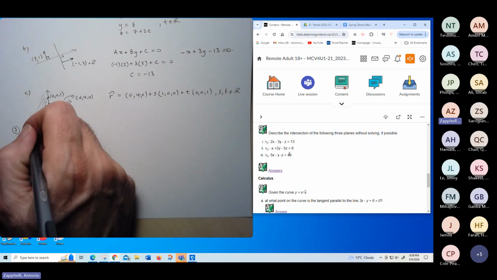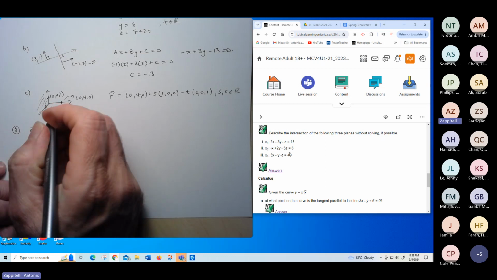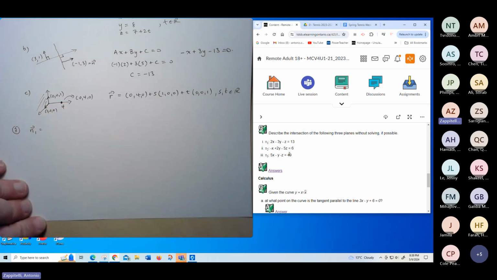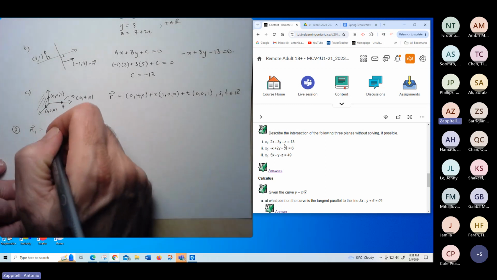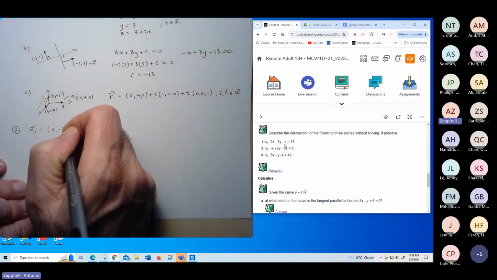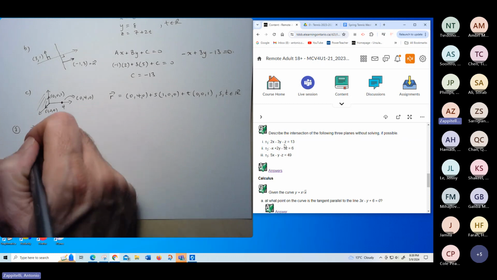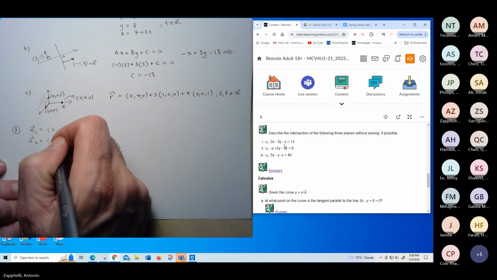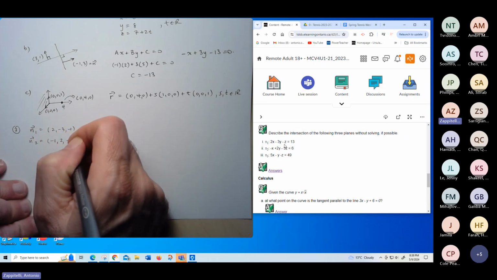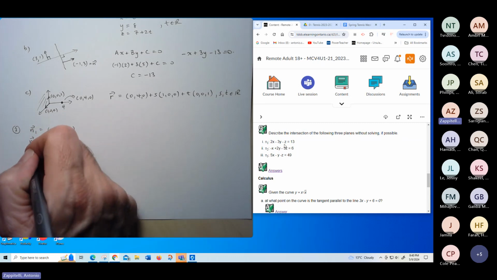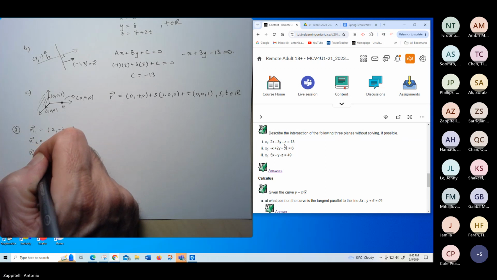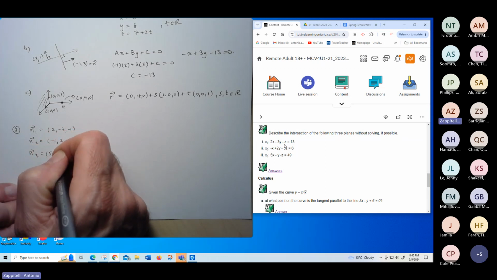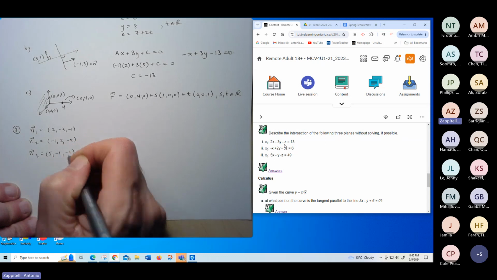So remember your normal vectors, in this case in 3D, are just going to be the A, B, and C values. So we have (2, -3, -1). The second normal is (-1, 2, -5). And then the third normal is (5, -1, -1).